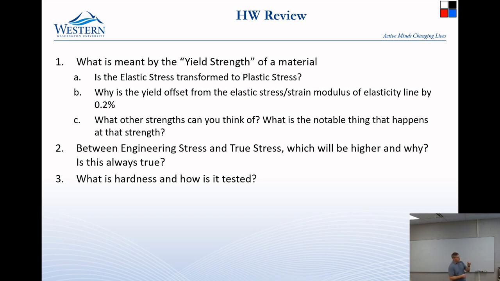Some said it is the point at which we transfer from elastic stress to plastic stress, but it should be termed pretty carefully as the strength: yield strength is the stress at which we move from elastic deformation to plastic deformation. Is the elastic stress consumed? Does it turn into plastic deformation or plastic stress? What happens to it?